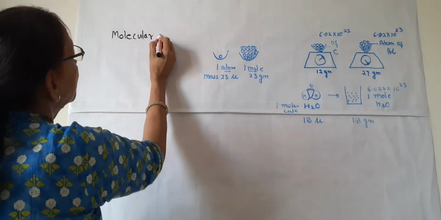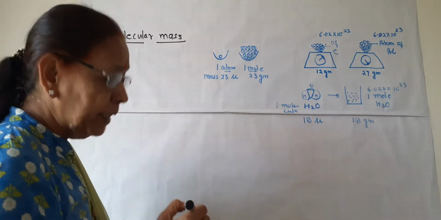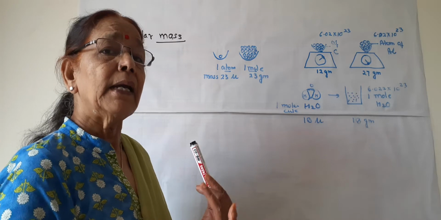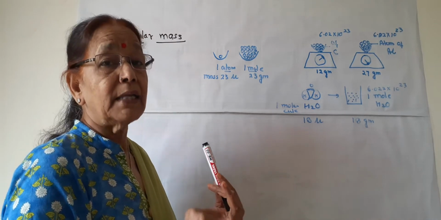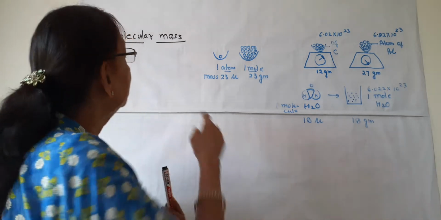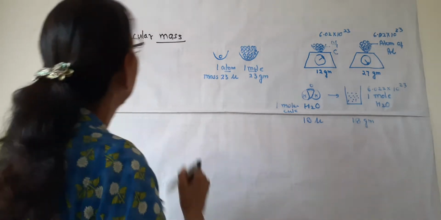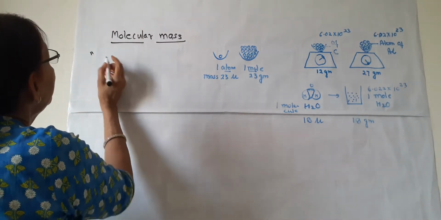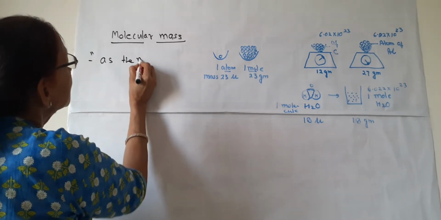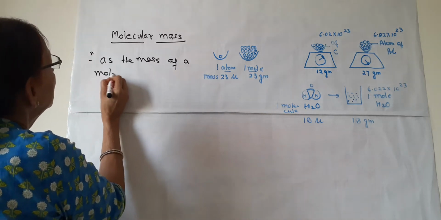What is molecular mass? All of us know about the atomic mass. Atomic mass we have taken of all the elements as the relative mass as compared to the mass of a carbon atom. In the same way, molecular mass can be defined as the mass of a molecule.